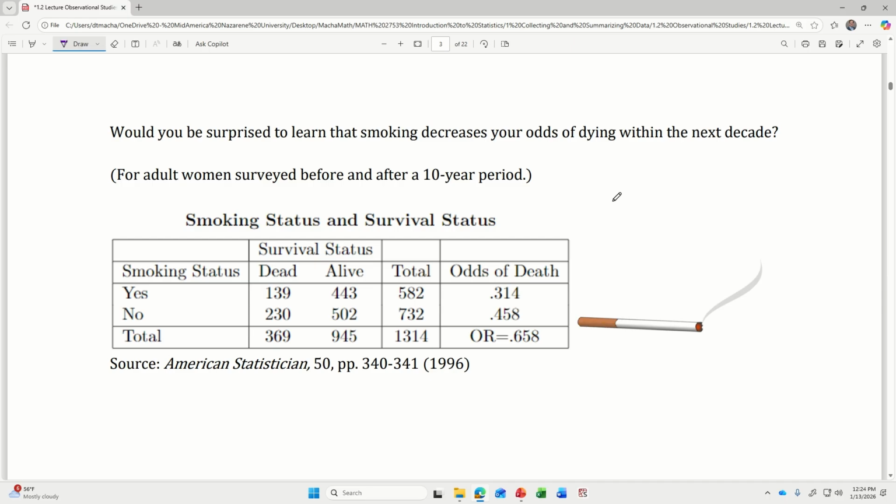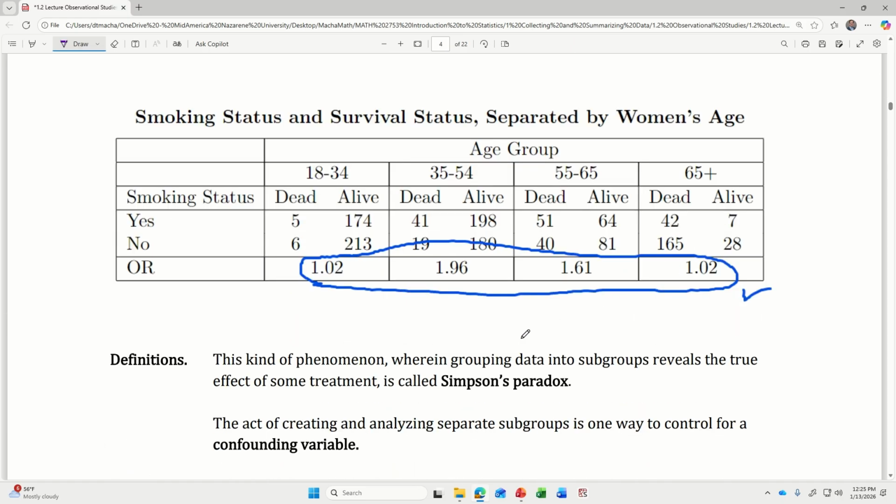So this number is less than 1 if it's better to be a smoker, and it's greater than 1 if it's better to be a non-smoker. And so sure enough, when we actually break it up by age category, the same data from the same data set in the same study shows that the odds ratio is always greater than 1, which means you're better off being a non-smoker.